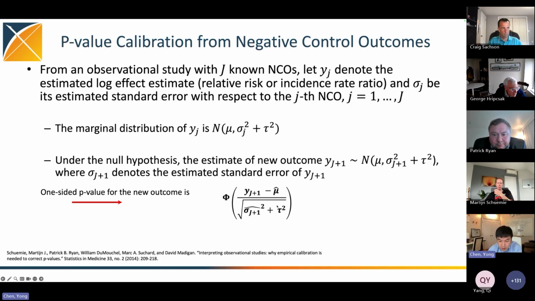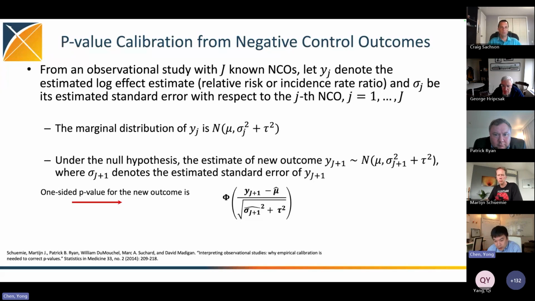So I know in some literature, people have been criticizing, okay, adding this tau square is making the study underpowered in some studies, like a pharmacoepi study. So in terms of the drug adverse event, it's kind of in favor of not identifying any adverse event.